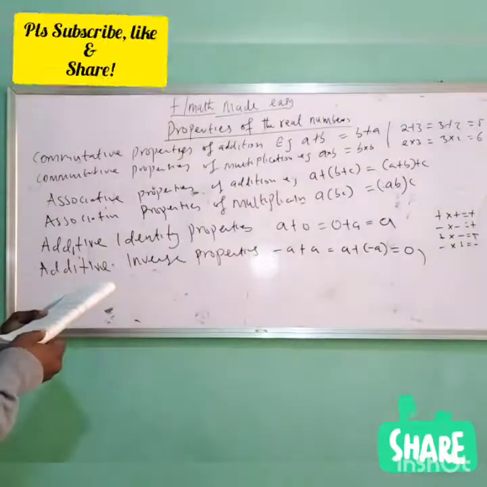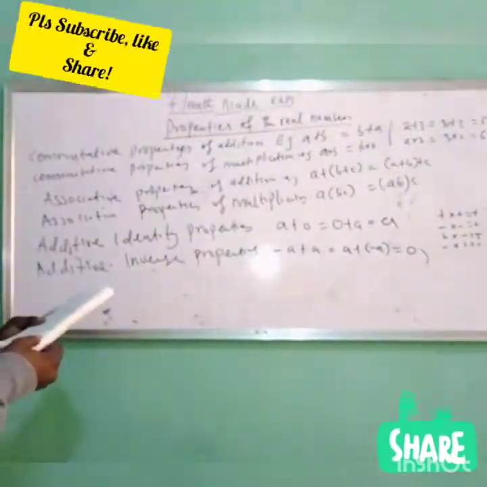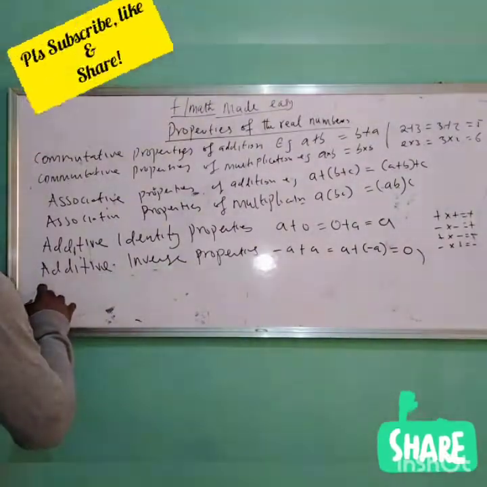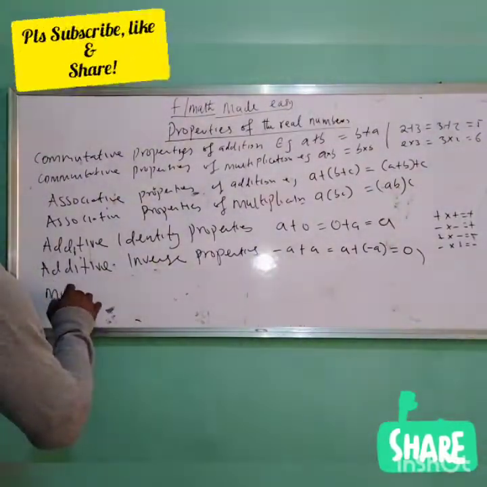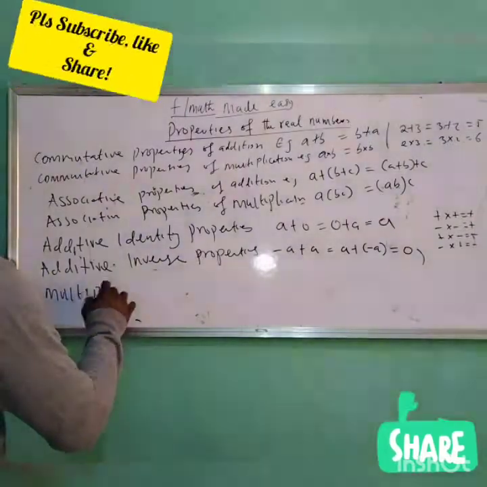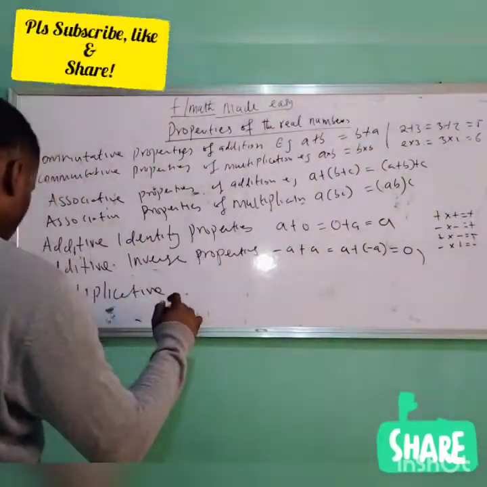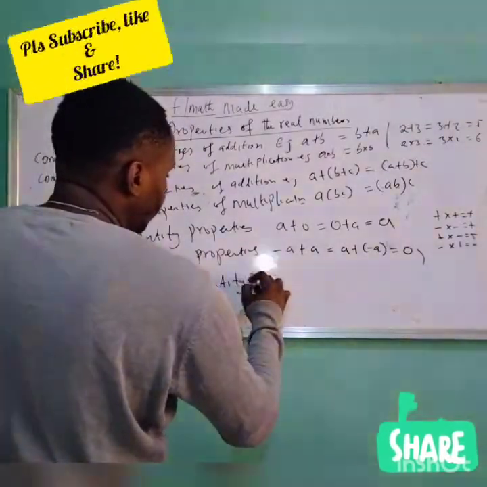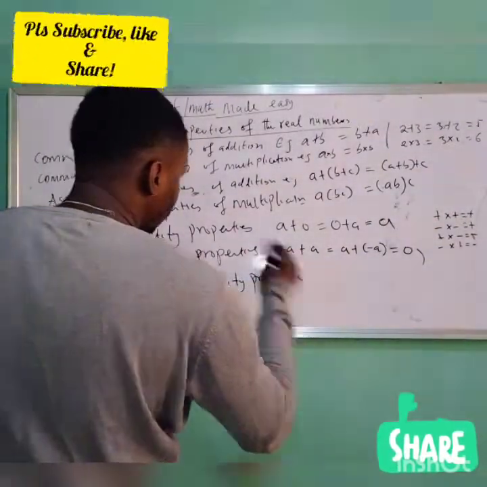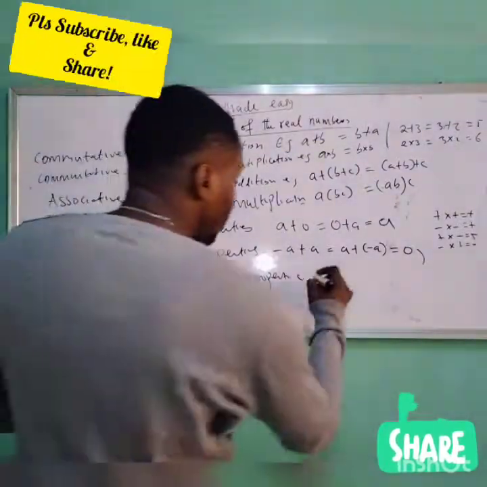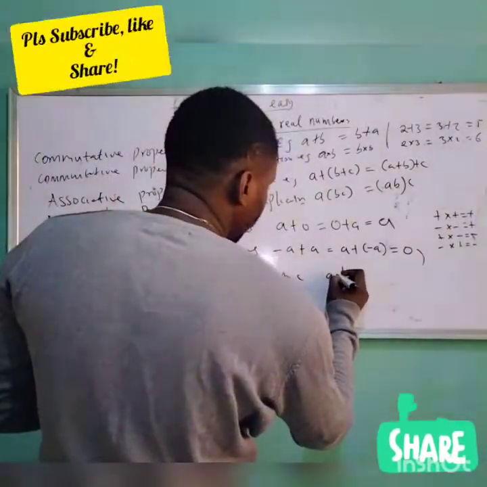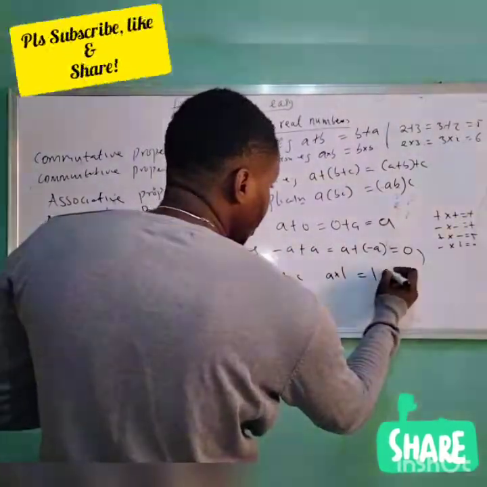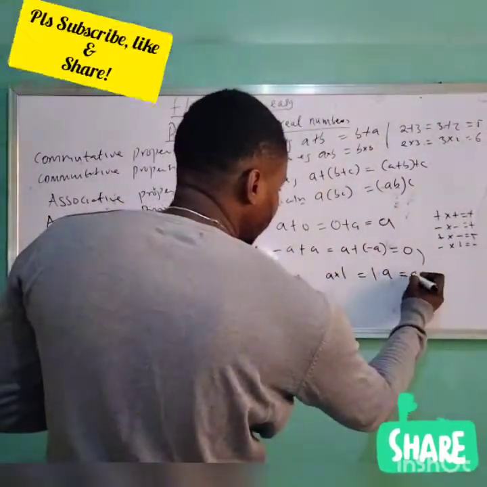An example of that is simply going to be a times 1 equal to 1 times a equal to a.